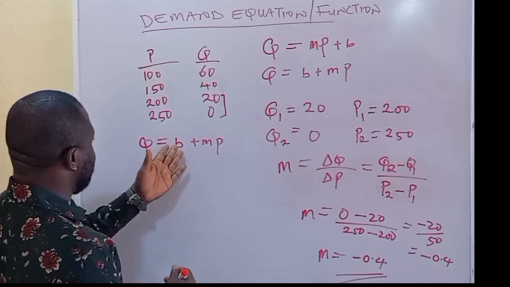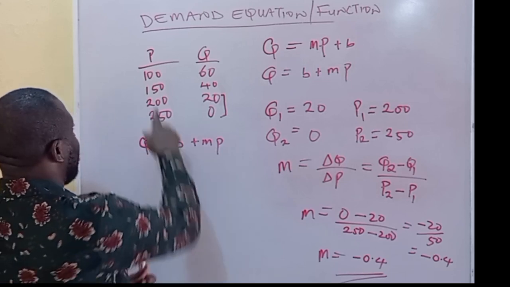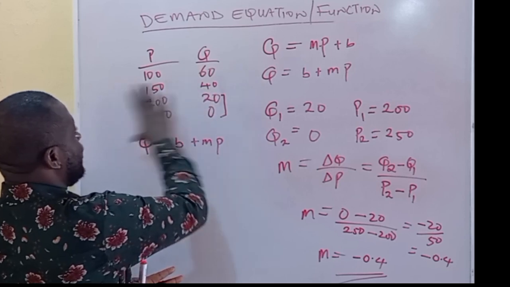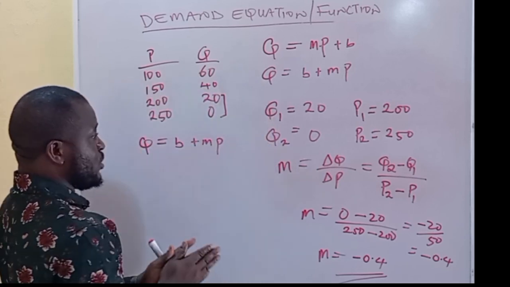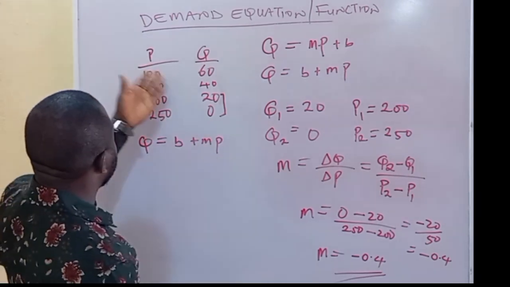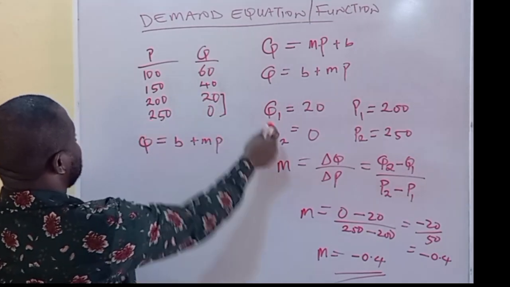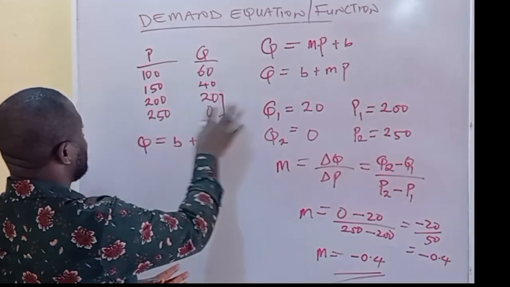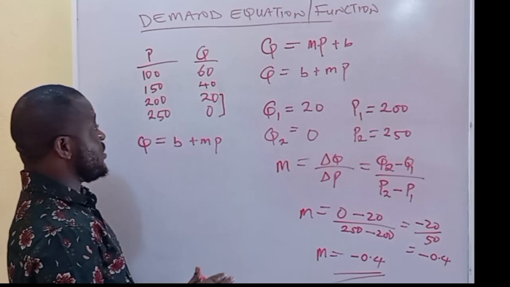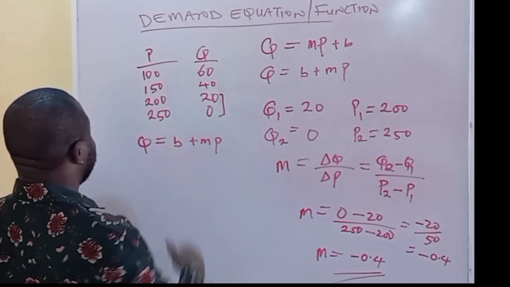To get the B coefficient, we take any price quantity pair from the demand schedule and do our substitution. We can take 100 and 60, or 150 and 40, or 250 and 0. Either pair we choose gives us the same intercept.